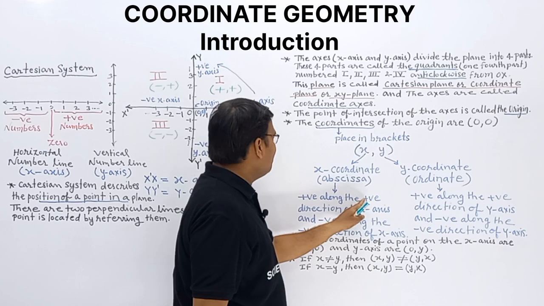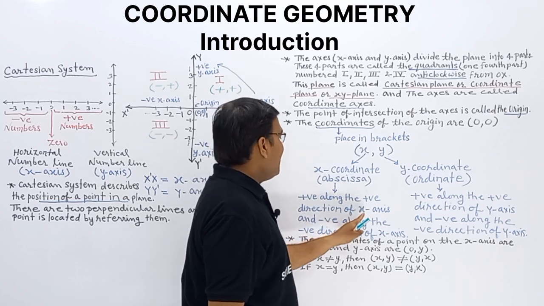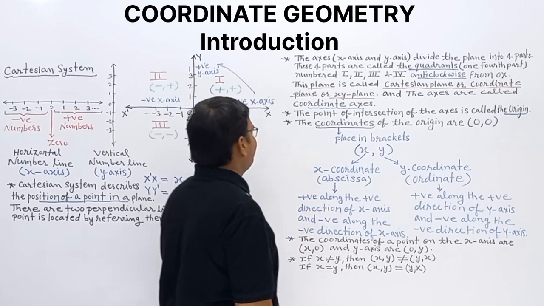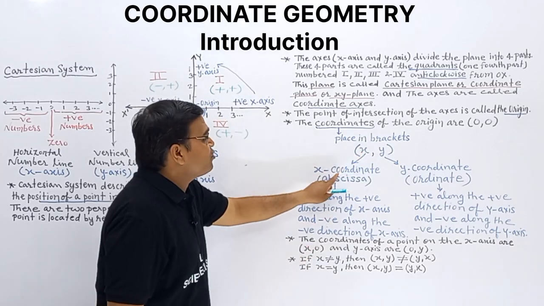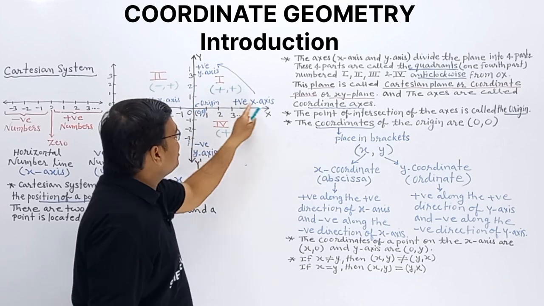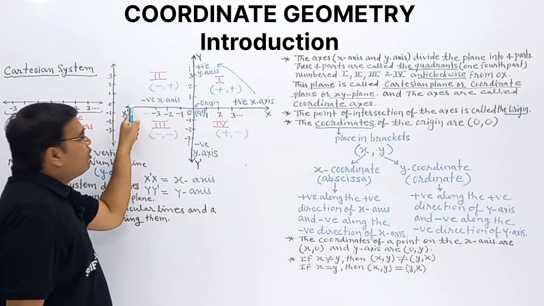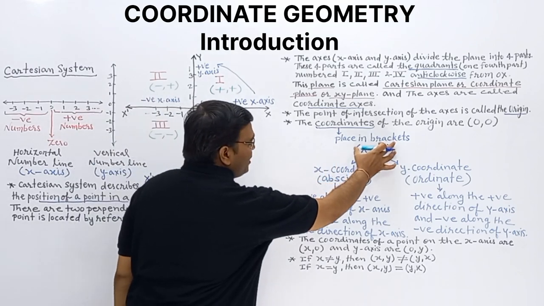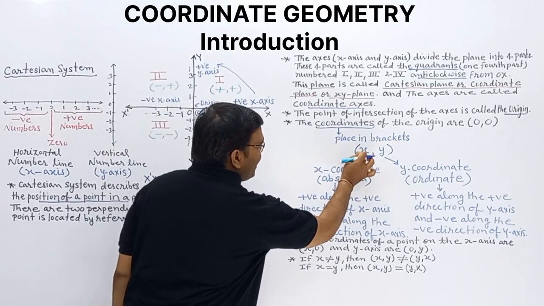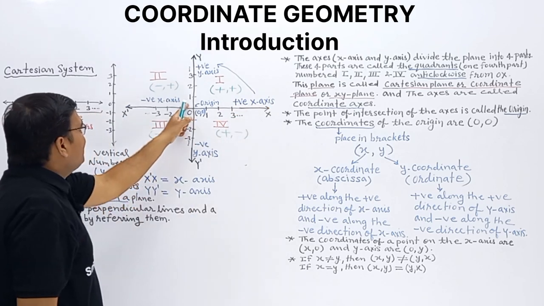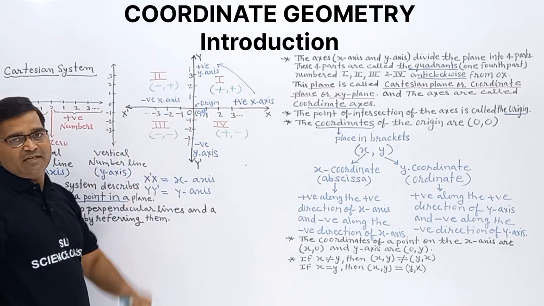The x coordinate will be positive along the positive direction of the x axis and negative along the negative direction. So x will be positive on the positive x axis and negative on the negative x axis.